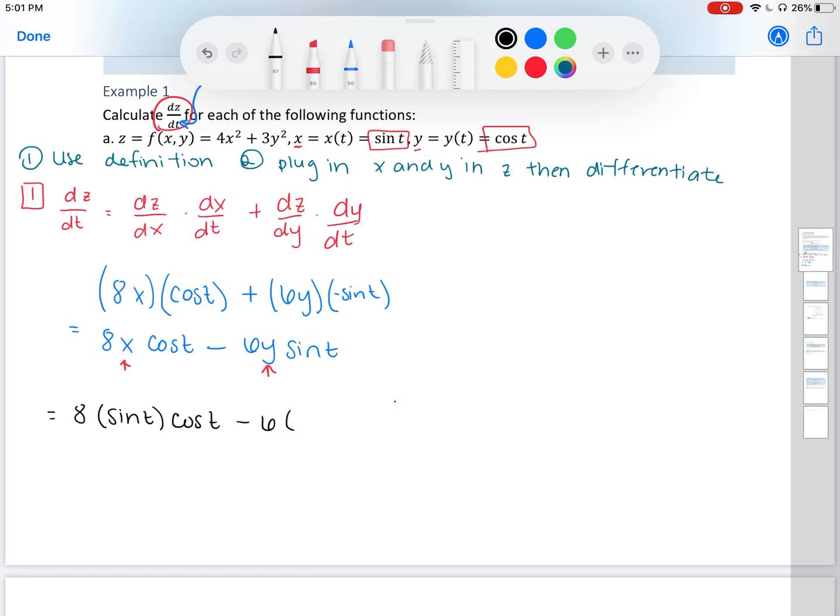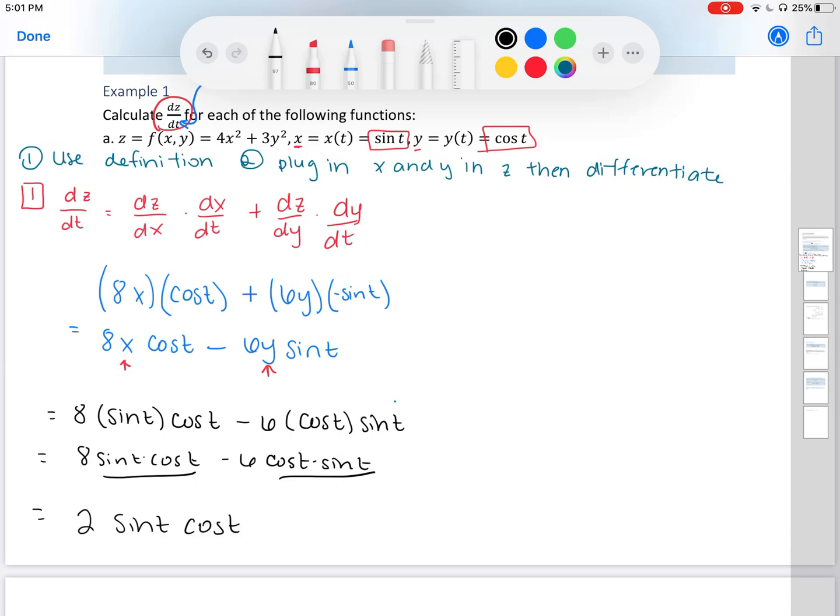If we clean this up, we have 8 sine of t cosine of t minus 6 cosine of t sine of t. Even though they're in a different order, they're being multiplied, so they're like terms. I can subtract them: 8 minus 6 is 2, so I have 2 sine of t cosine of t.